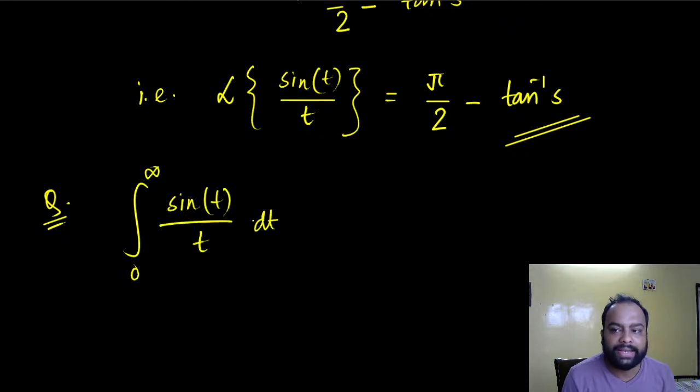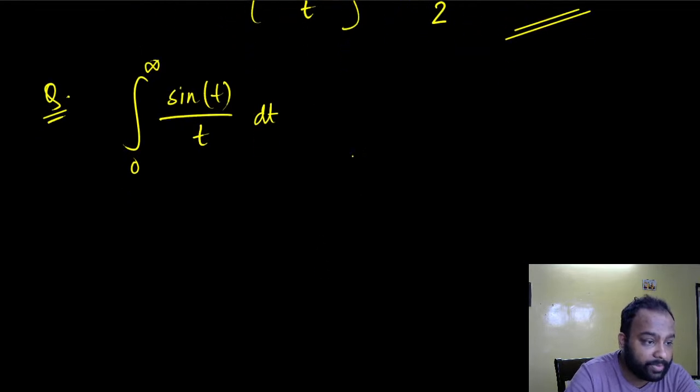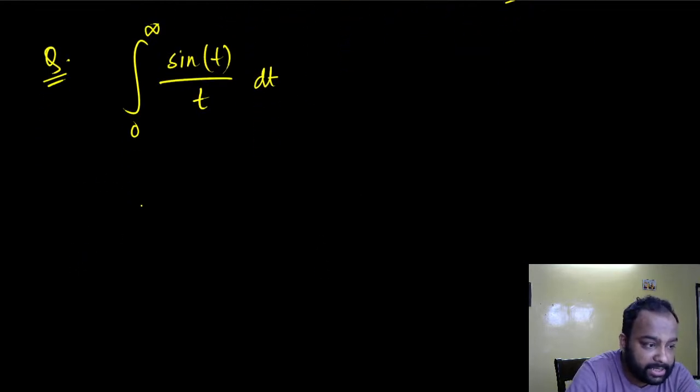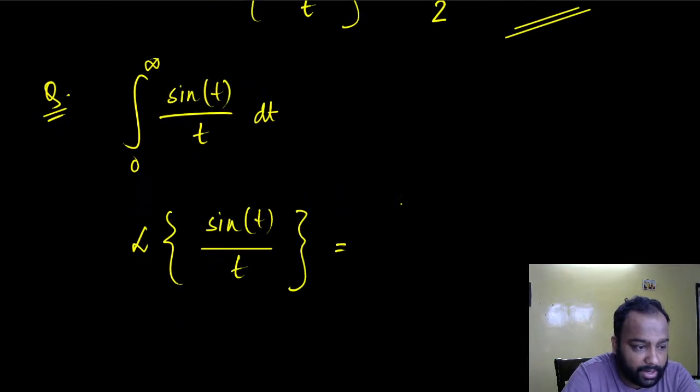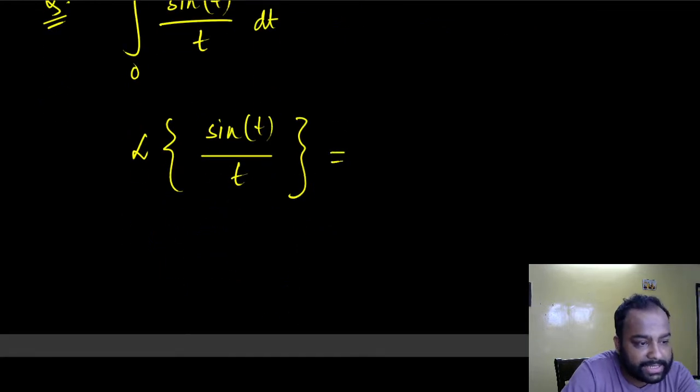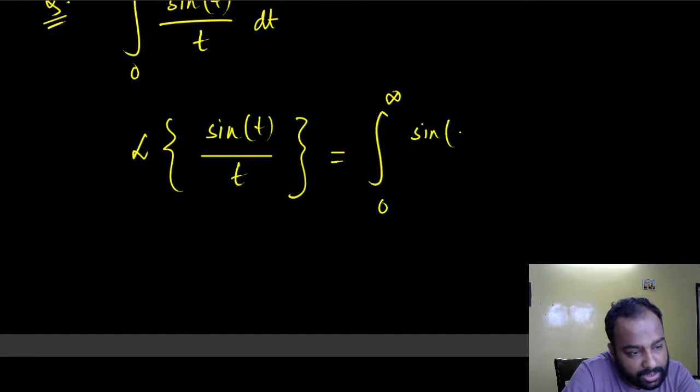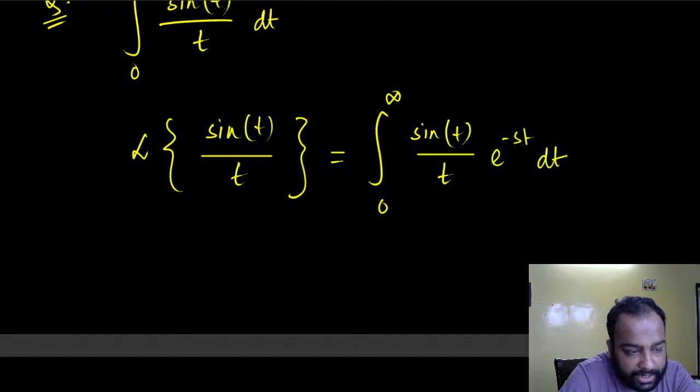The thing is, it cannot be integrated directly. You cannot find any primitive or antiderivative of this one, but you can apply the property here. We just derived moments ago the Laplace transform of sin t by t. So let's calculate the Laplace transform of sin t by t. That's again integration from 0 to infinity of sin t by t e to the power minus st dt, right?